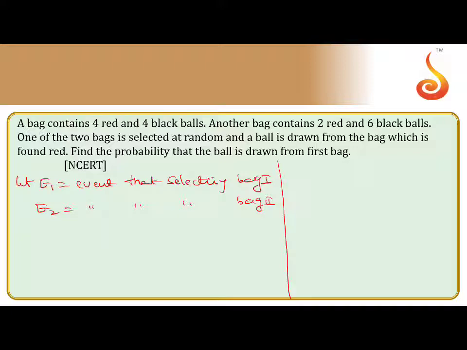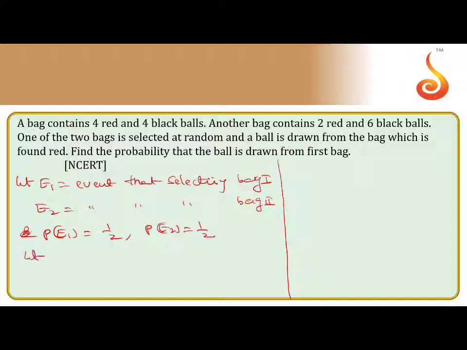Now let us write the probabilities of the corresponding events. Probability of E1, selecting one of two bags, is 1 by 2. Probability of E2 is also 1 by 2.